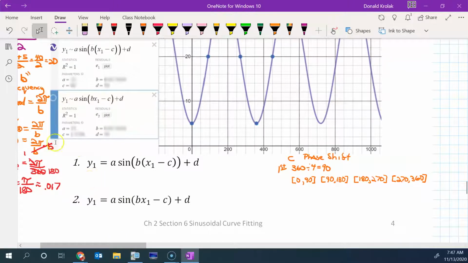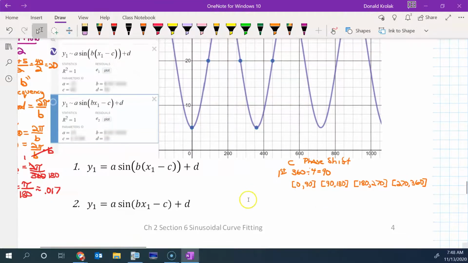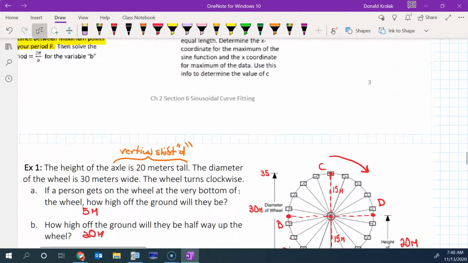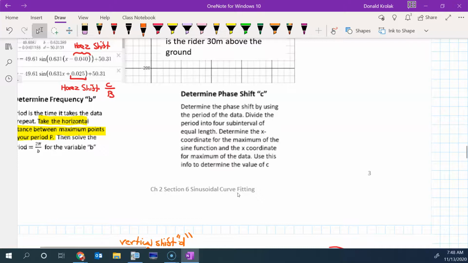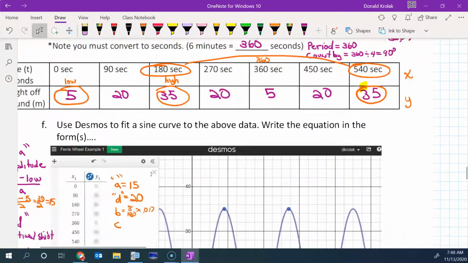Okay, now follow along up here. Corbin, watch what we're doing so you understand what you're doing. Okay, so I took that and I divided it into 4 parts. Divide the period into 4 subintervals of equal length. Determine the x-coordinate for the maximum of a sine function.